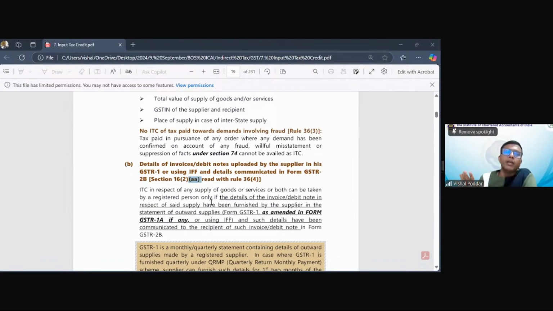So now my 3B has all figures auto-populated. Only I have to add one figure, that is of RCM, because that is where I am paying the tax myself on my inward supplies. And because my supplier in most RCM cases is unregistered, he will not file any GSTR1. So that is not getting auto-populated in my 2B, and also not in my 3B. So that is the only figure which I will add. Otherwise, my 3B is complete.